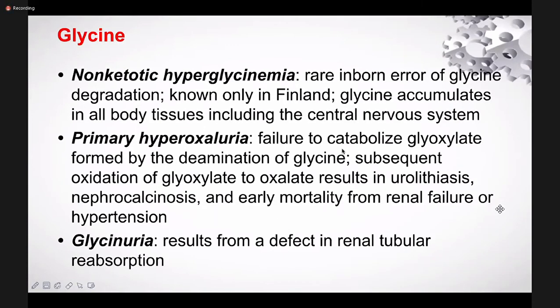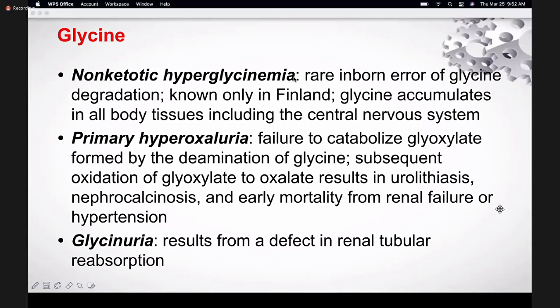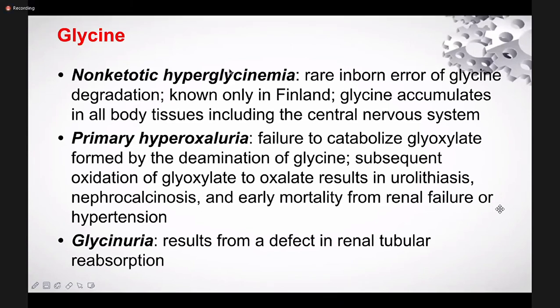So there are conditions like non-ketotic hyperglycinemia. This is a rare inborn error of glycine degradation and it is known in Finland. So here the glycine accumulates. So there's also primary hyperoxaluria.